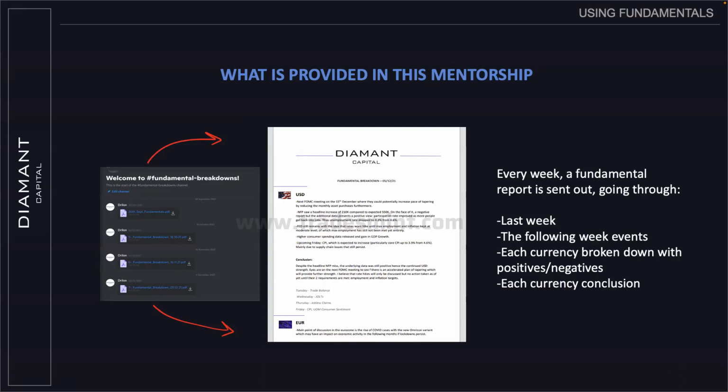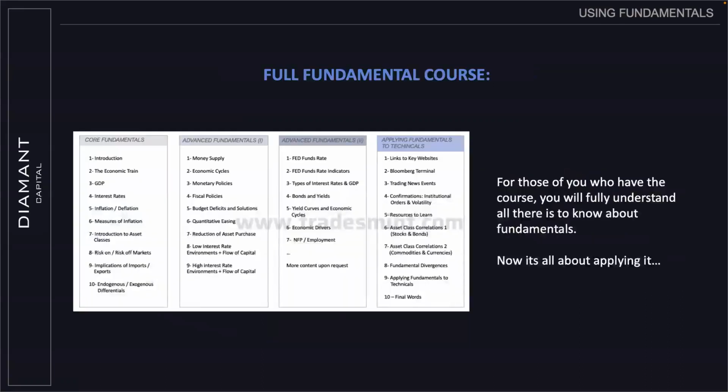And that's why the whole fundamental course has been made, for you to fully understand pretty much every aspect of fundamentals. It's pretty much in these four sections. So even going through things like economic cycles, monetary policies, all this type of thing, everything's going to be included there and talked about. Now it's all about applying it.